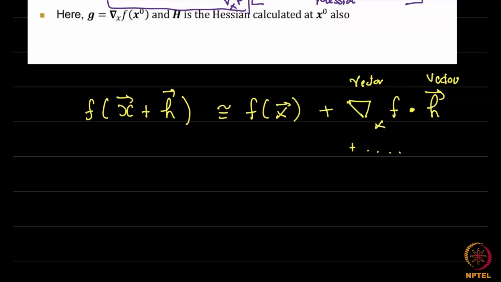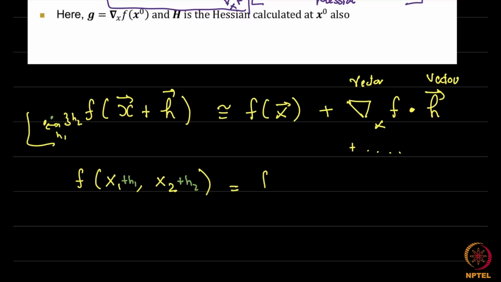What does this mean? Let's look at this. Let's say this function is of two variables, x1 and x2, and you have the function value at some point in space, some x1, x2. Now you want to know what its value will be very close to it, somewhere slightly different, and you know its gradient at that point. This is where all our utility of gradient comes. Suppose I want to move a little bit, a small distance in x, this is the h1 distance, and a small distance in y, this is the h2 distance.